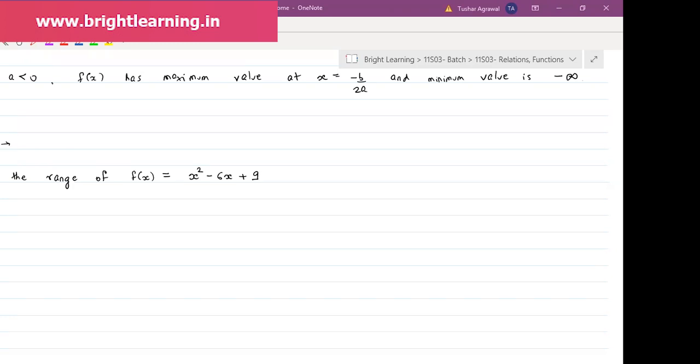See, in this question I have straightforwardly given you f of x as a perfect square. You can see that f of x is nothing but x minus 3 whole square.